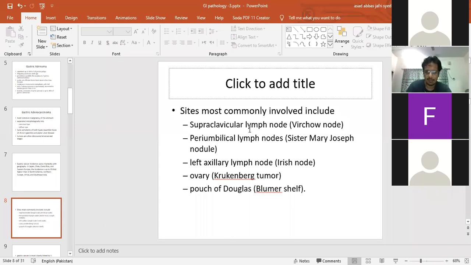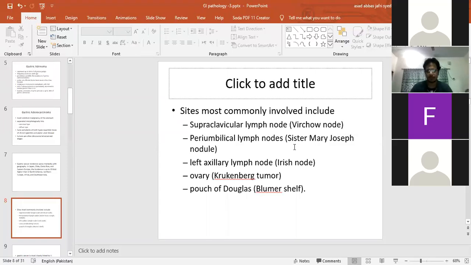So if the patient presents with a supraclavicular enlarged lymph node, we label it as Virchow's node. If the patient presents with periumbilical lymph nodes or periumbilical subcutaneous nodules, it is labeled as Sister Mary Joseph's nodule.